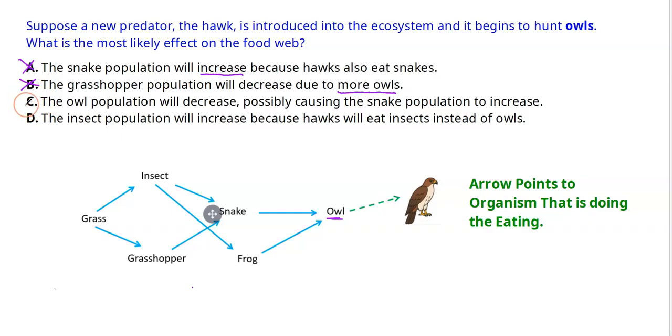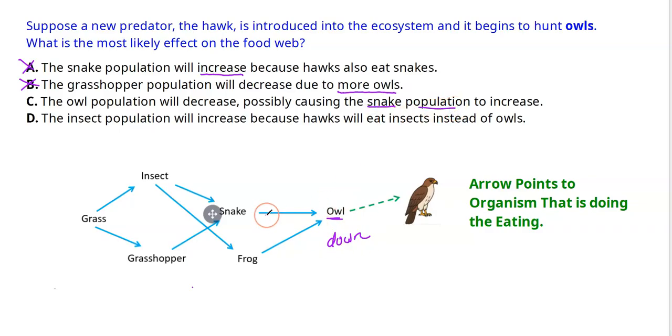Let's look at C. The owl population will decrease or go down, possibly causing the snake population to go up or increase. Well, we already have concluded that the owl population will decrease or go down, right? Because we introduced the hawk eating the owl, so there will be fewer owls, so this goes down. And how do you think that more than likely will affect the snake population?